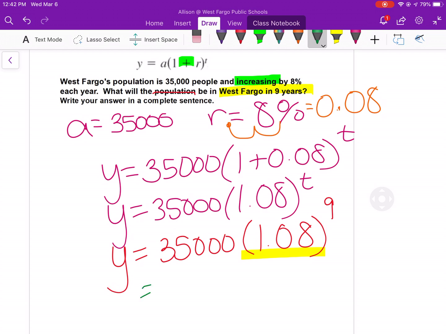And I did the math previously here, so we're going to get approximately 69,965. I do get 0.16, so I'm going to round to the nearest people. So I rounded to the nearest whole number.